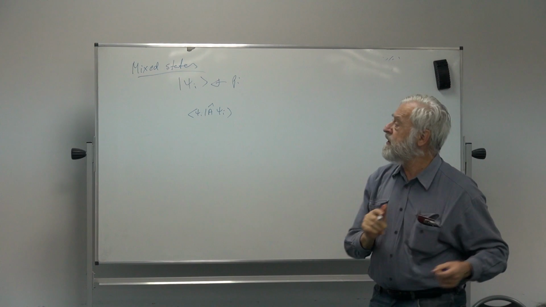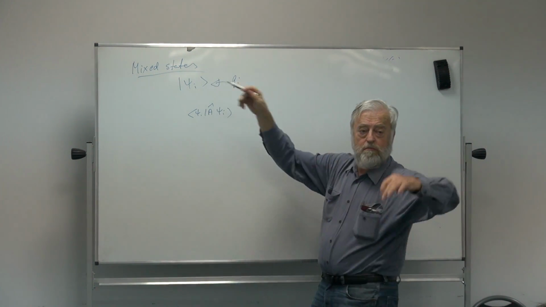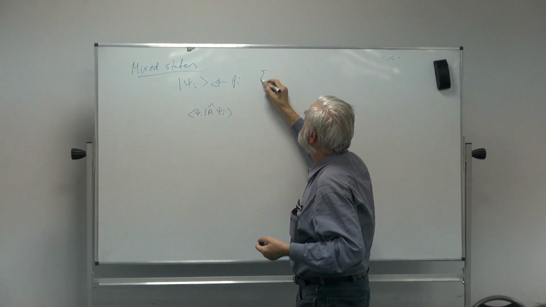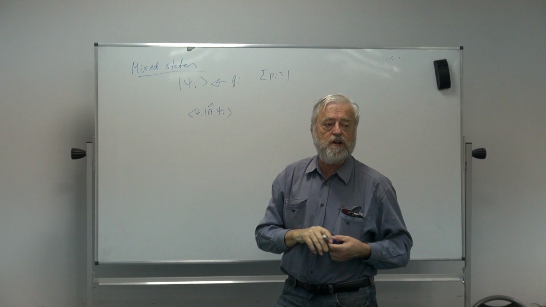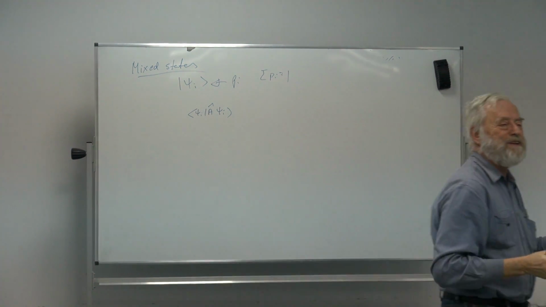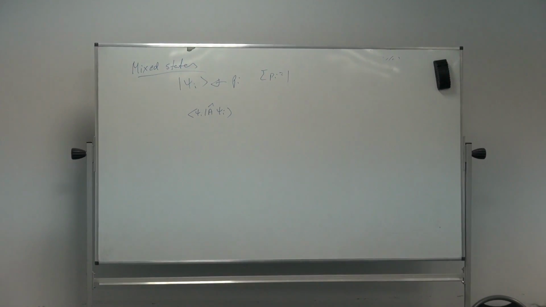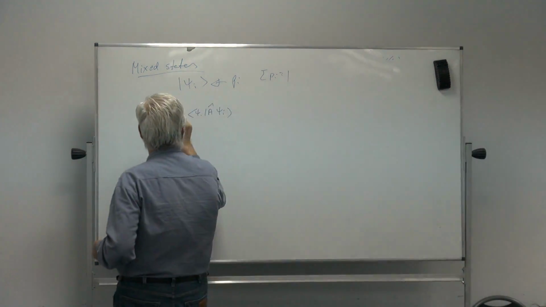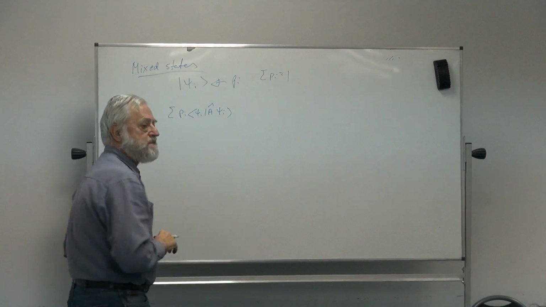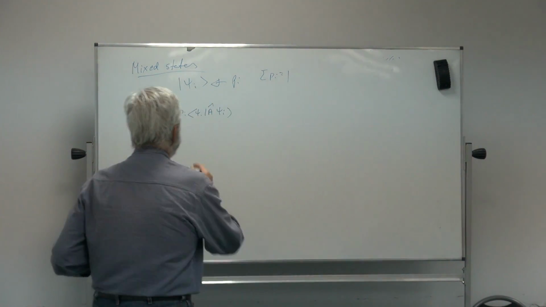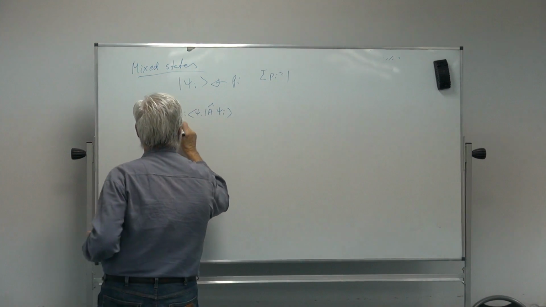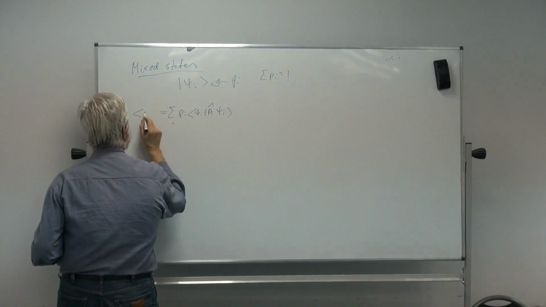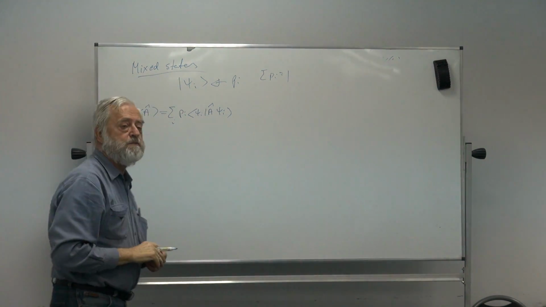So now, if we have a distribution, many orthogonal states with a probability distribution p i, which is nice because it sums to unity, so we are certain that we have some state, but we don't know which one, then I think it is absolutely obvious that if I multiply these by p i and sum over all these states that are perhaps present here, then I will get a reasonable definition of this generalized mean value.